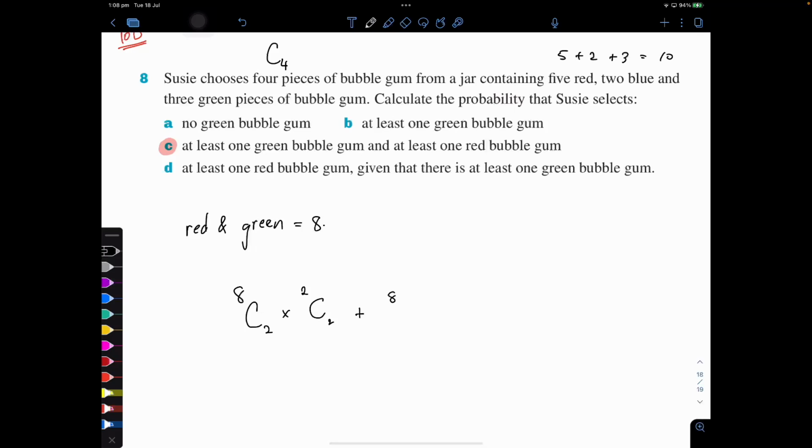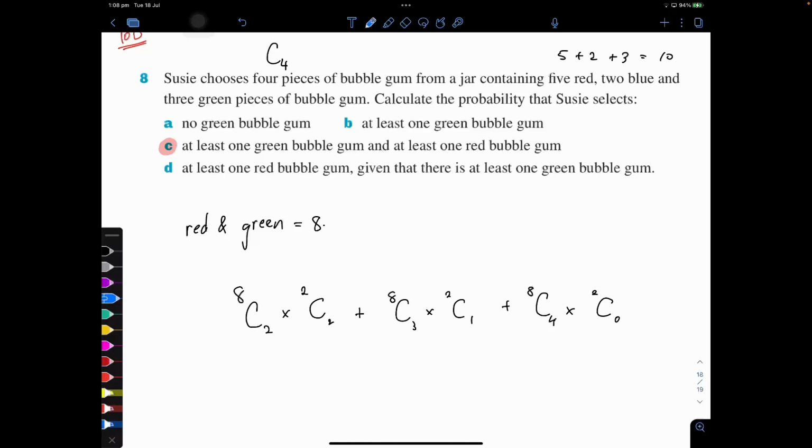Or we have 8 choose 3, and for the blues, we choose 1. Or you can go 8 choose 4, times 2 choose none, for the blues.